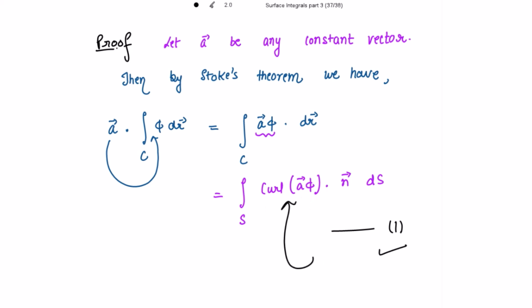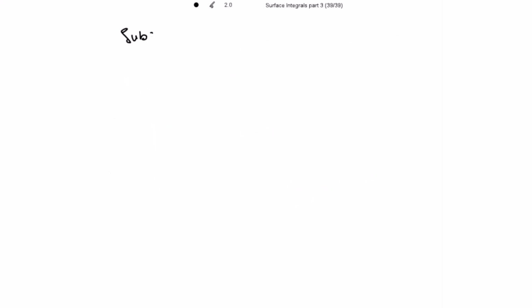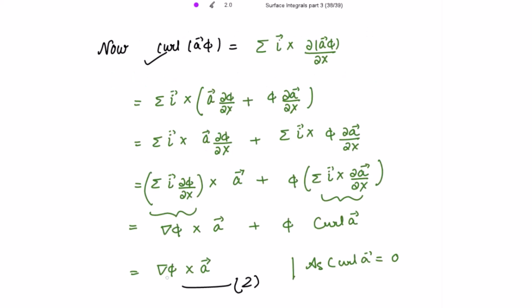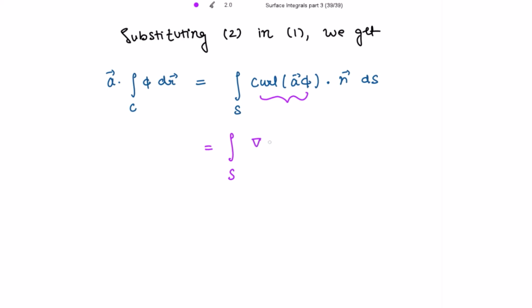That is over here. So substituting 2 in 1, we get, putting the value of this, grad phi cross product with A vector, and dot product with n vector ds.